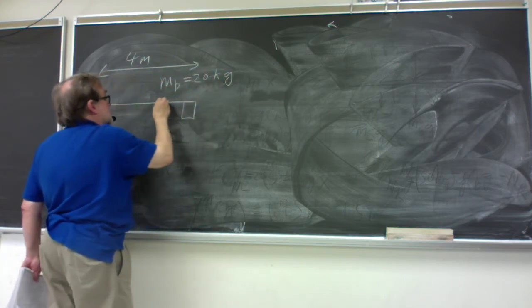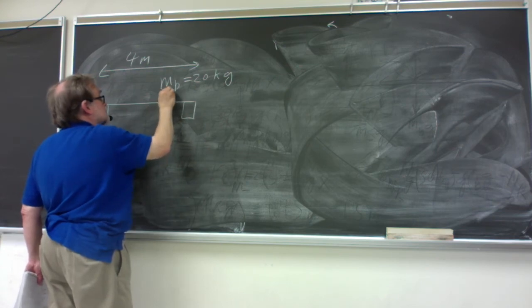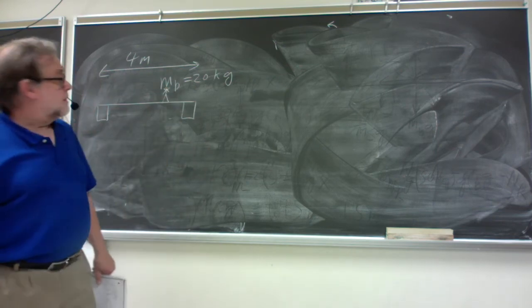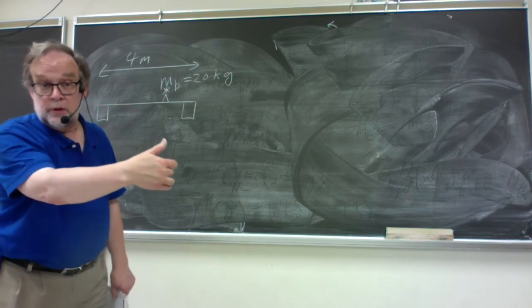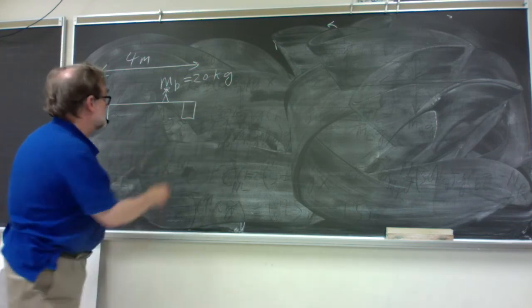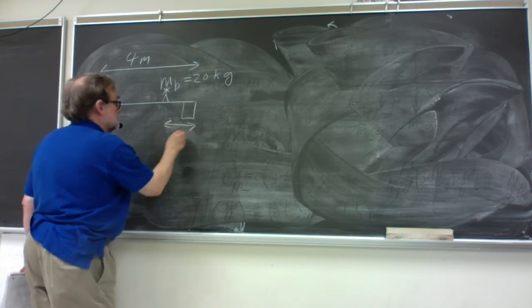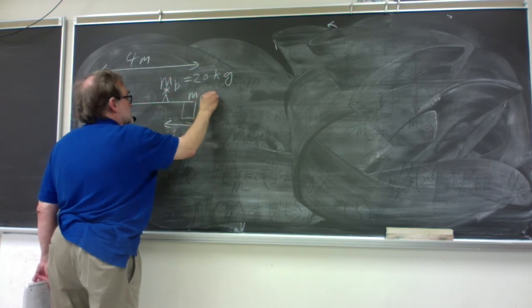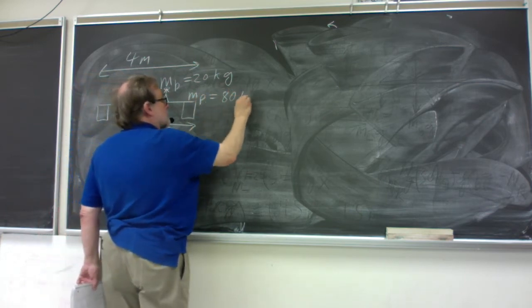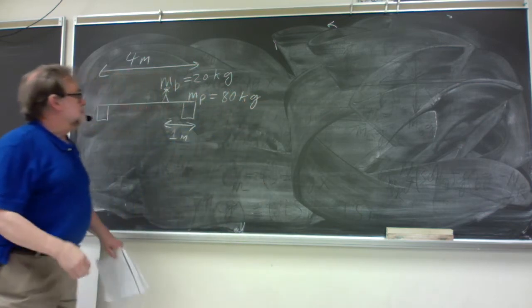And there's some guy sitting or standing at a point on the board, 3 meters from the left, 1 meter from the right. The mass of that person is 80 kilograms.